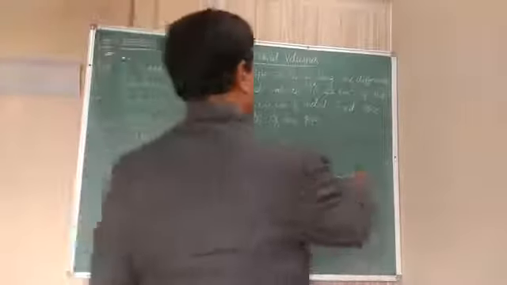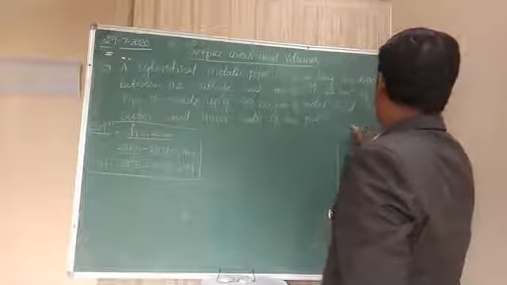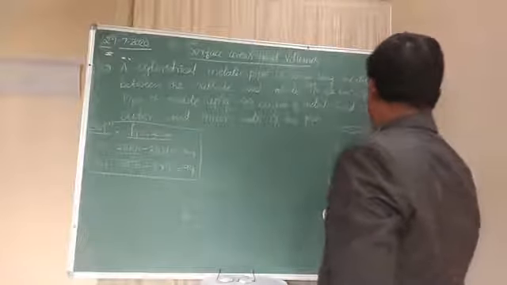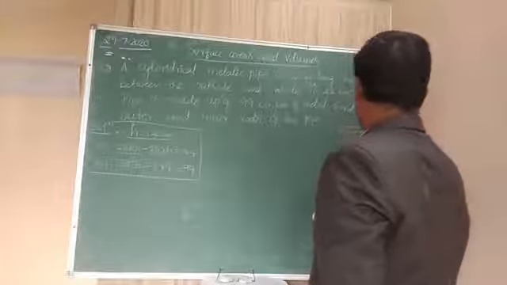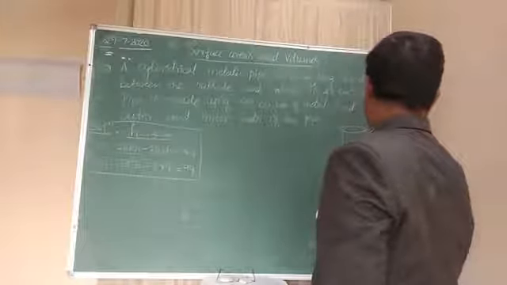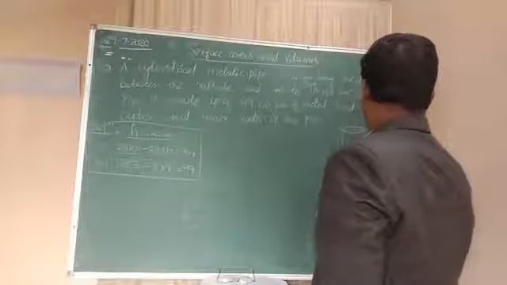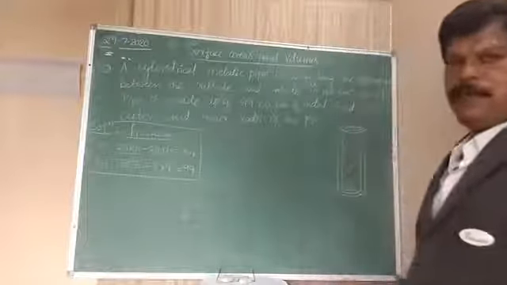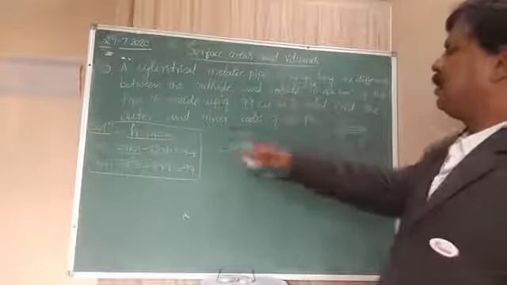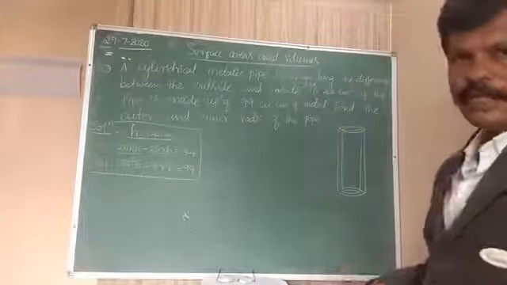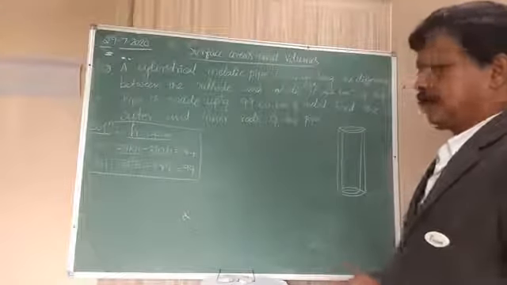So you know the pipe like this. So this is the pipe. Its inner and outside area they gave, the difference is 44 square centimeter, and one more thing, they gave the volume.